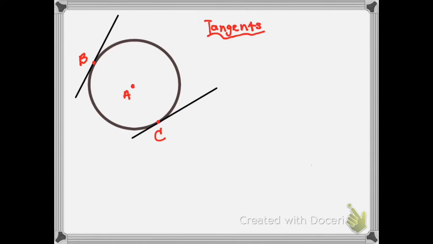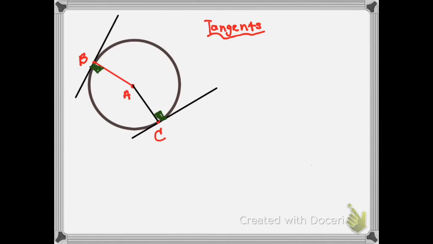And so what happens when I draw a segment from the tangent to the center of the circle? Like this. So it appears that here we have a right angle, right? And it also looks like those two segments are perpendicular.